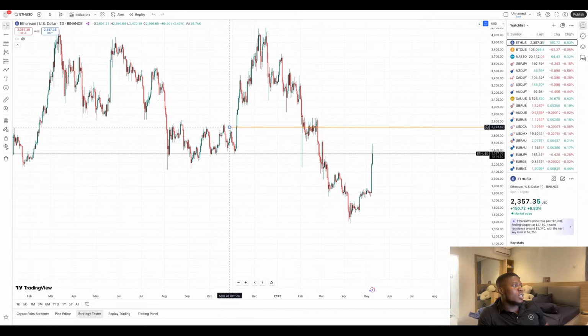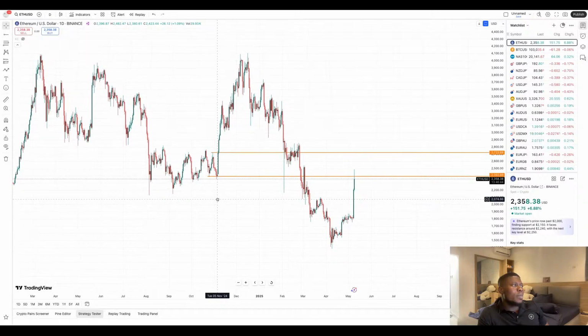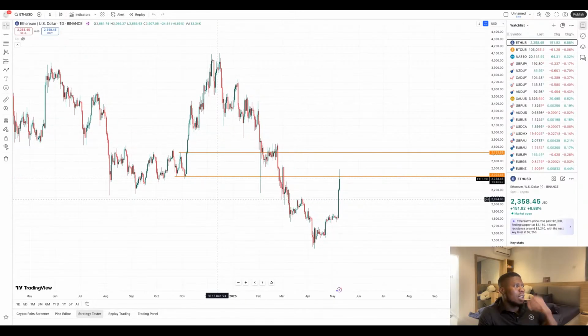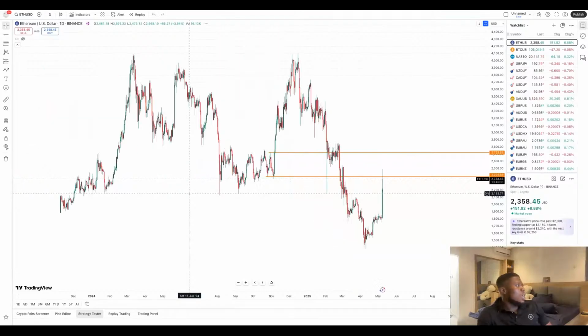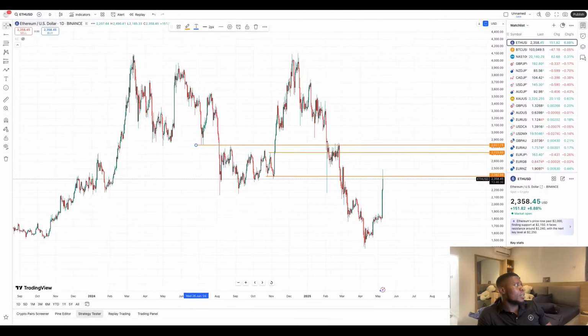I'm starting on this swing, marking the support here. You can mark any swing. You can definitely mark any swing at all. So I can mark this, the one that is here, or this one that is here, this one that is here.